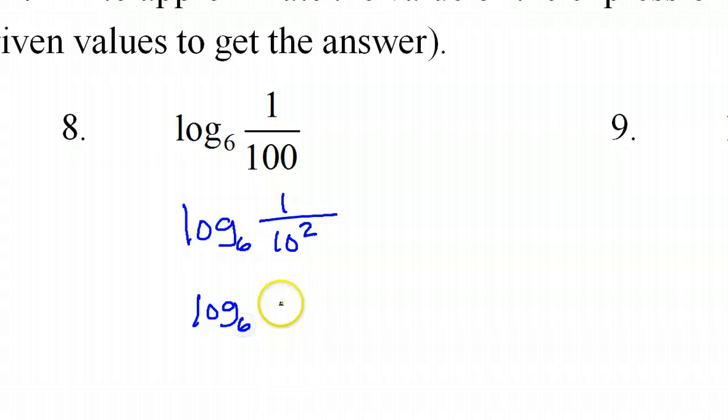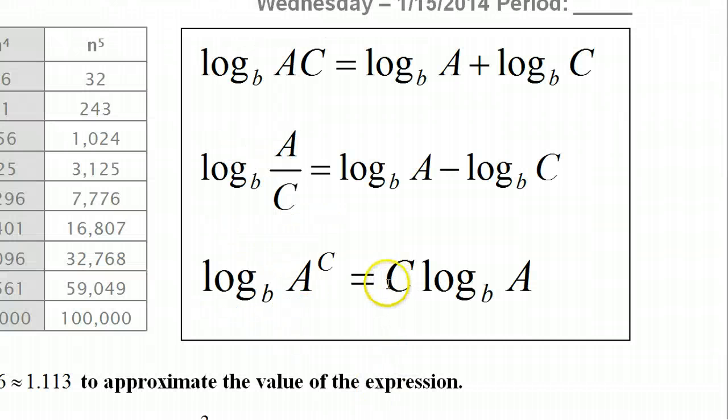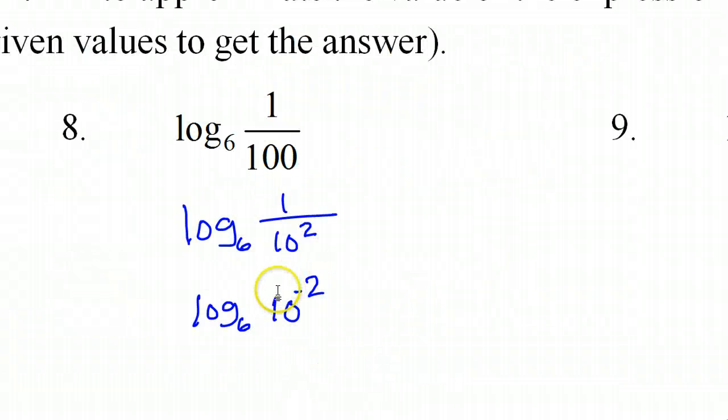So I could go 1 over 10 squared, which would be the same thing as 10 to the negative 2 power. Now I can use that third rule, where the exponent comes in the front. So this is going to become negative 2 times log base 6 of 10.